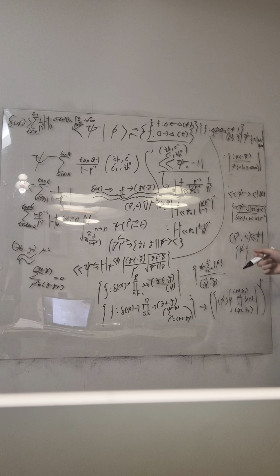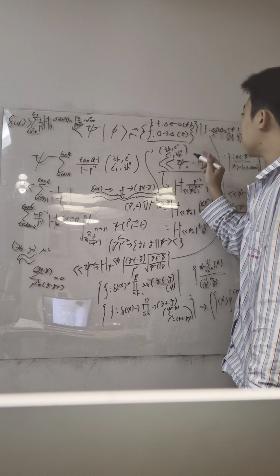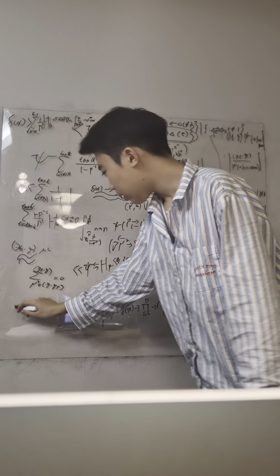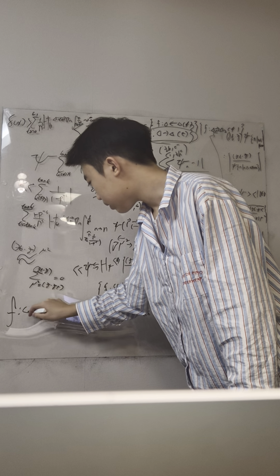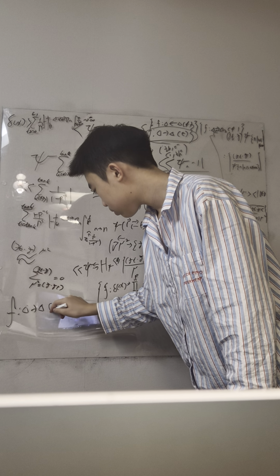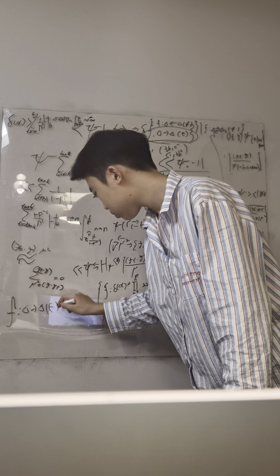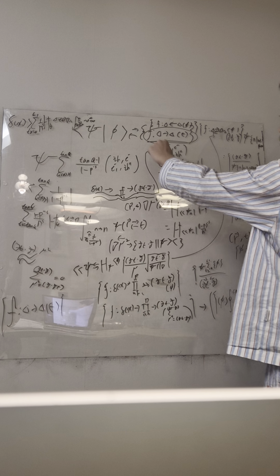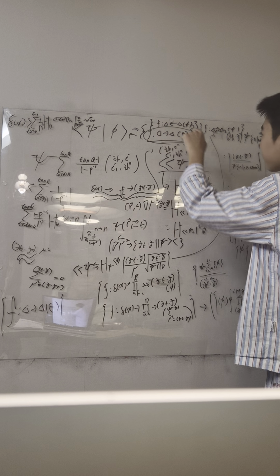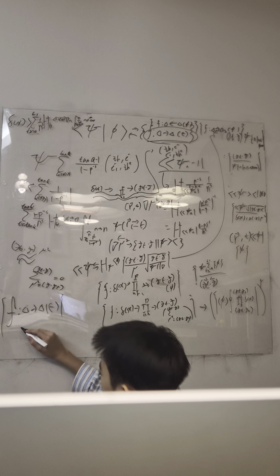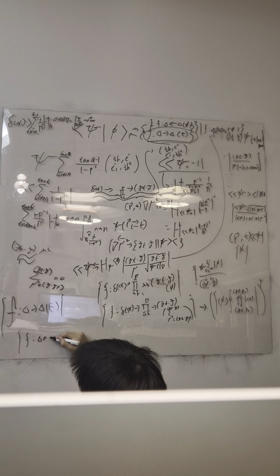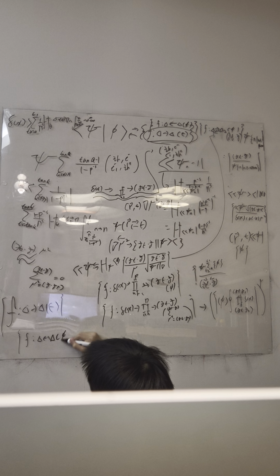The first flow will be this F delta to delta. First flow going under, second flow F delta dot.